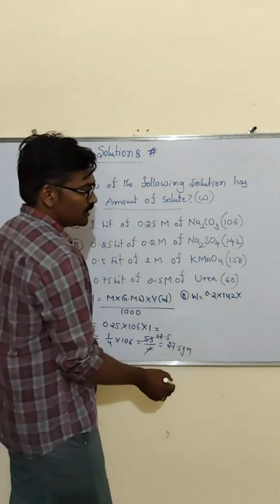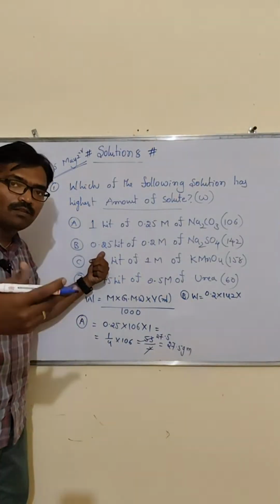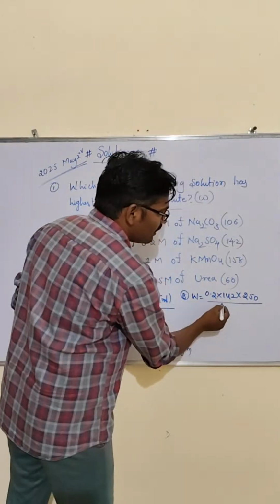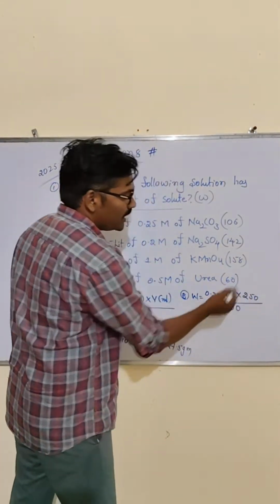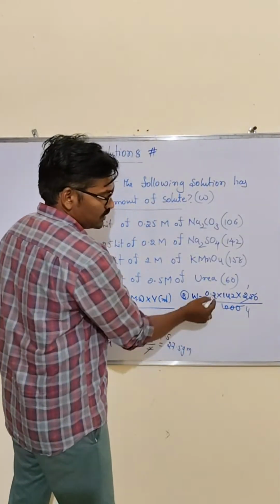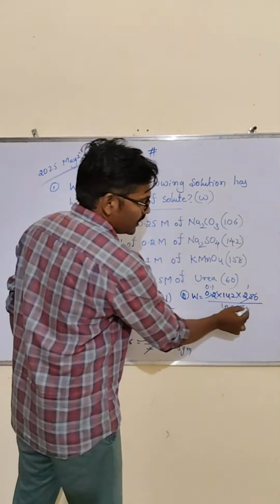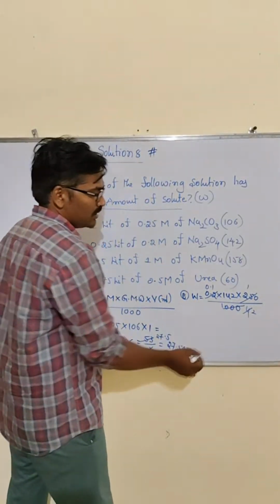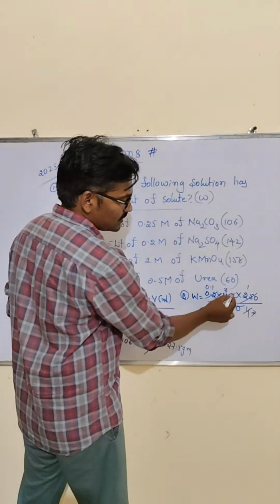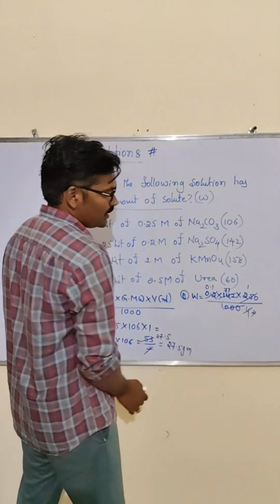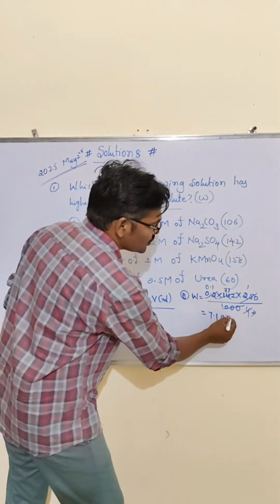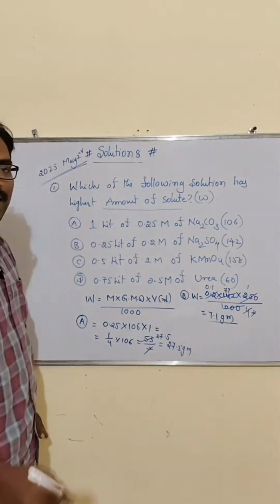This is 0.25 liters, which converted into milliliters is 250 ml, right? 250 divided by 1000, so 0.25, that is 1 by 4, divided by 2. So 71 into 0.1, 7.1 grams of weight will be there in option B, right?